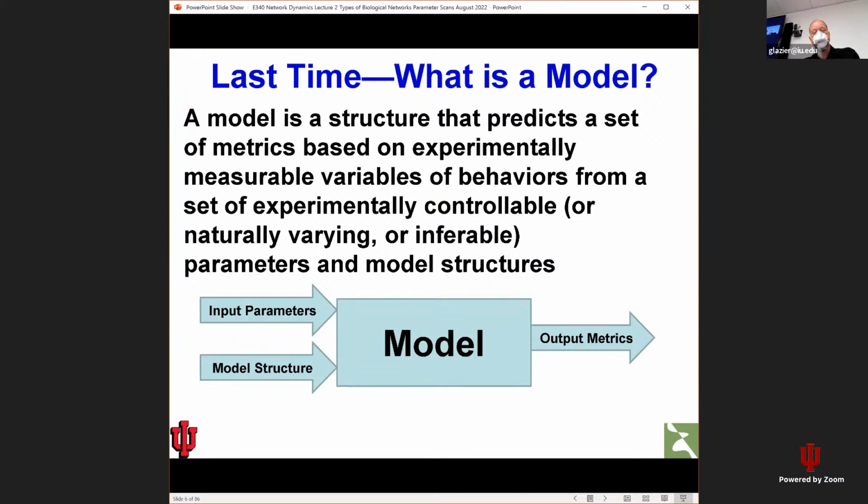And ideally, if we're going to make models that are useful, we need those input parameters and those output metrics to be things that we can measure. We don't necessarily have to be able to measure them in real life, but if we can't even conceive of measuring them, then our calculation is fundamentally philosophy rather than science.